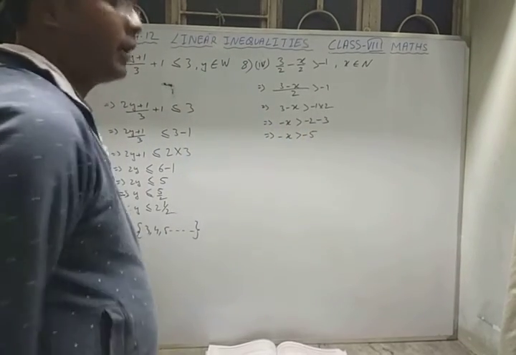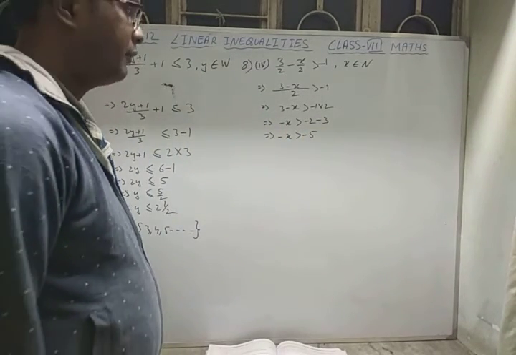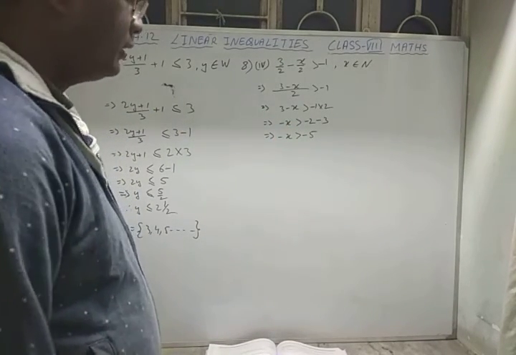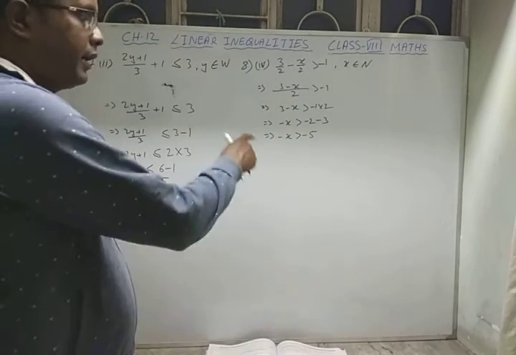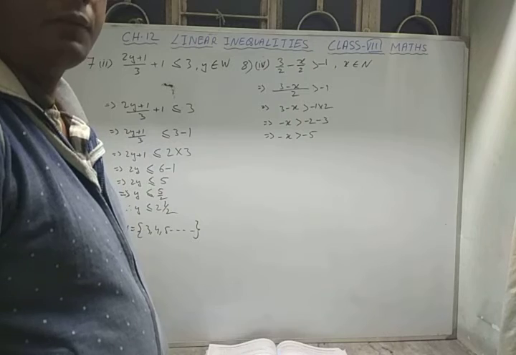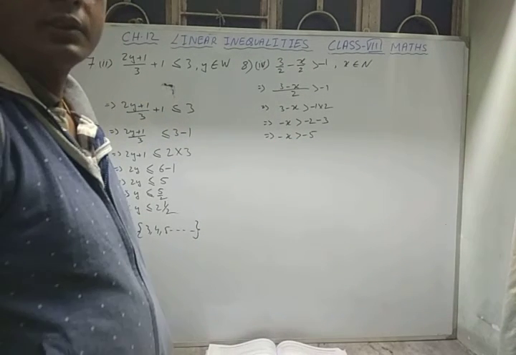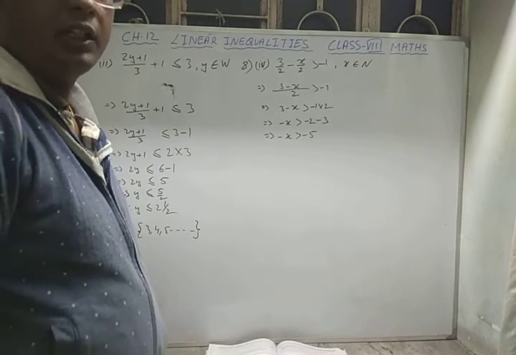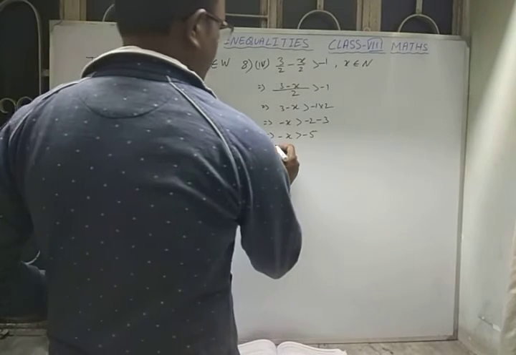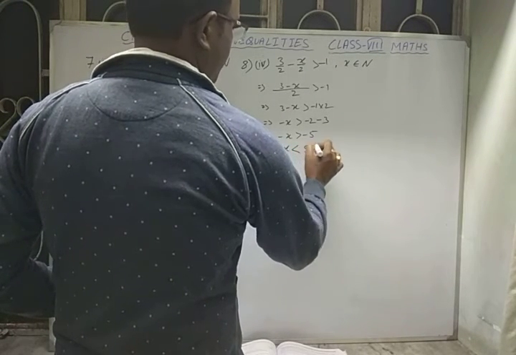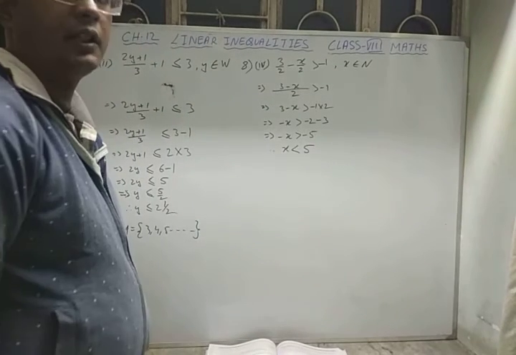Now, very important part of the question. In a normal equation, we can cancel the negative sign. But in an inequation, when you make x from negative to positive, then the sign between the two sides will be interchanged. Therefore, x will be less than 5.